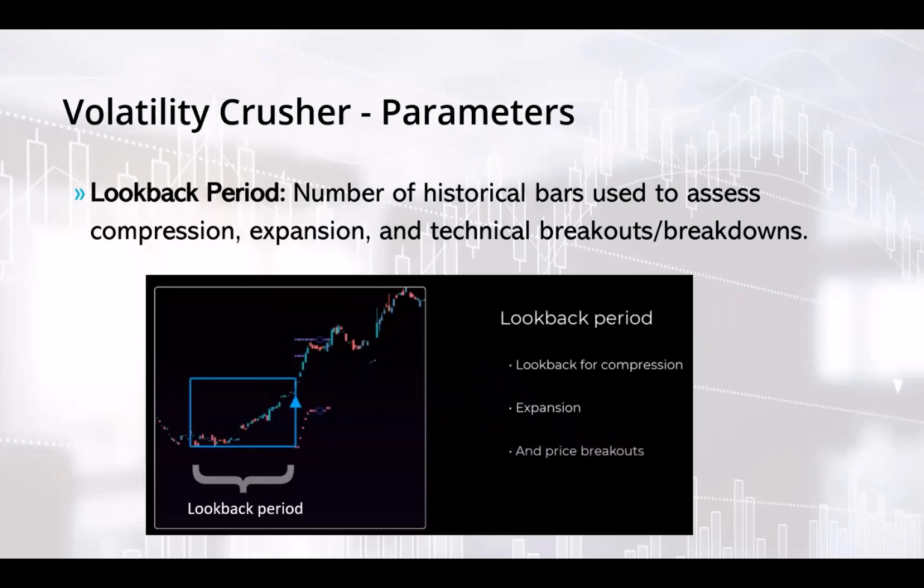For example, it is used to calculate your profit targets because these are a percentage of this range. The bigger the range, the further away will be your profit targets because price is very volatile. The smaller the range, the narrower will be your profit targets. Same for the trading stop. It's also a percentage of this range.